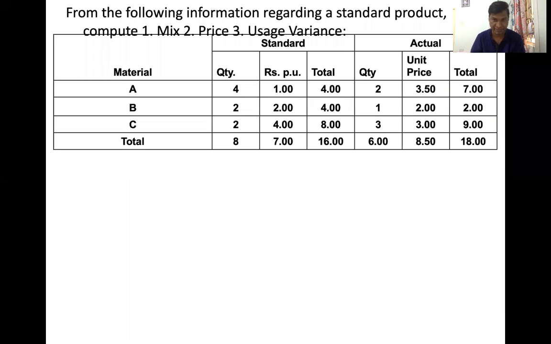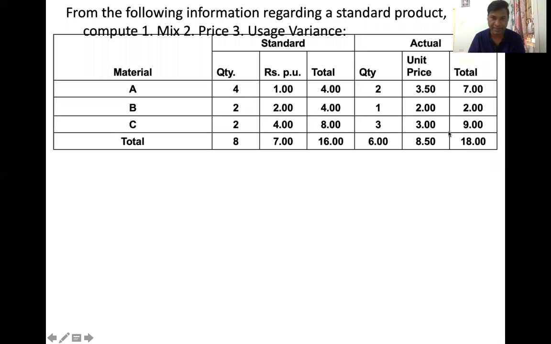Now let's look here. There are three types of materials used to produce: material A, material B, material C. The standard quantity of material A is 4 units and each unit costs 1 rupee, so the value of material A is 4 rupees.